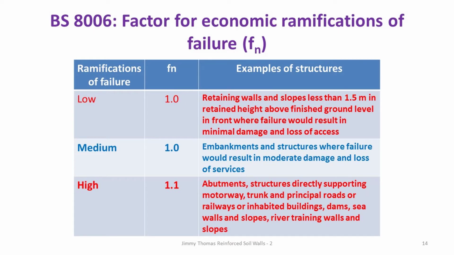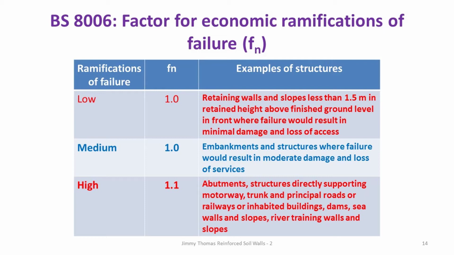Then another factor, the factor for the economic ramifications of failure. Here we look at what the impact of failure is. If something fails and the consequences are not much, then we take a factor of 1. It also gives examples, like small height retaining walls, where failure would result in minimal damage or loss of access.